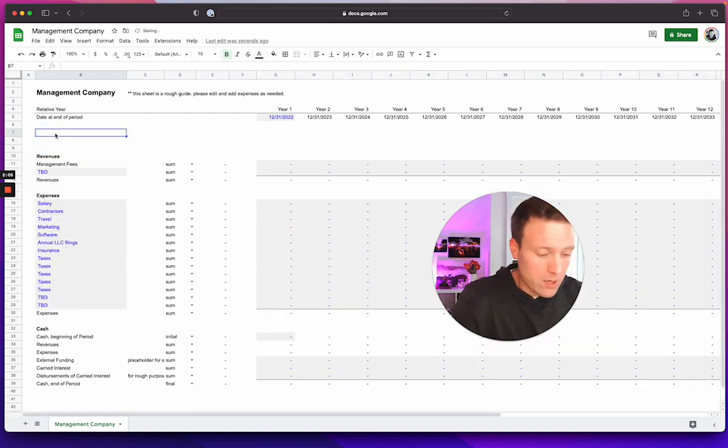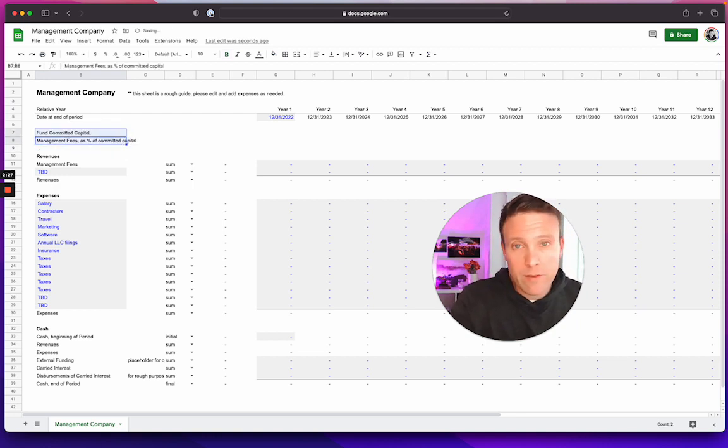Let's just say fund committed capital, and then let's just do management fees as percentage of. Now, obviously, it doesn't always have to be off committed capital.